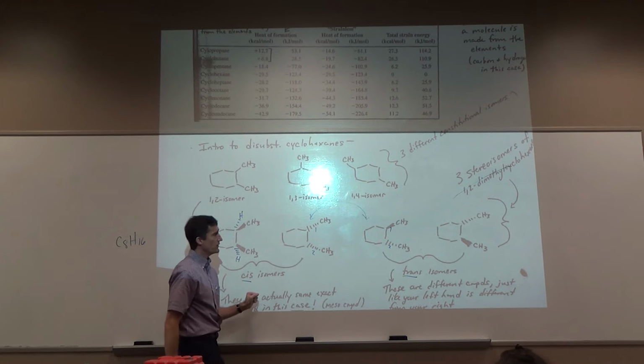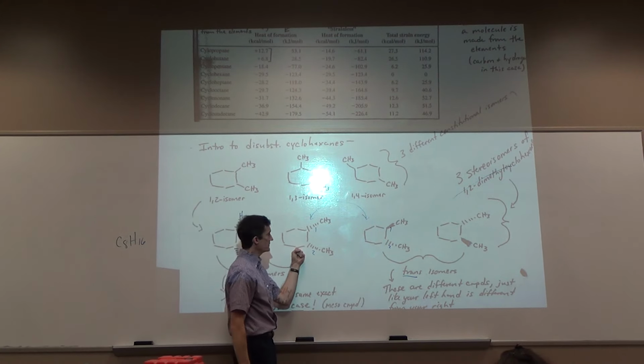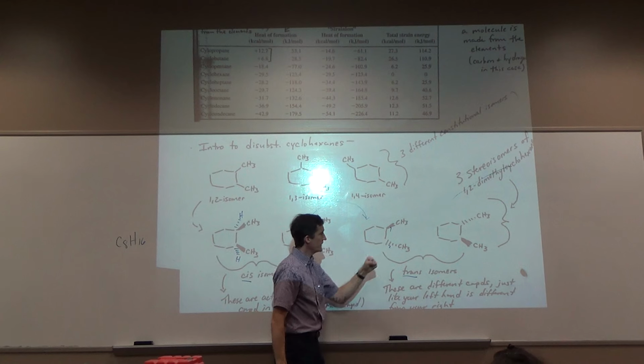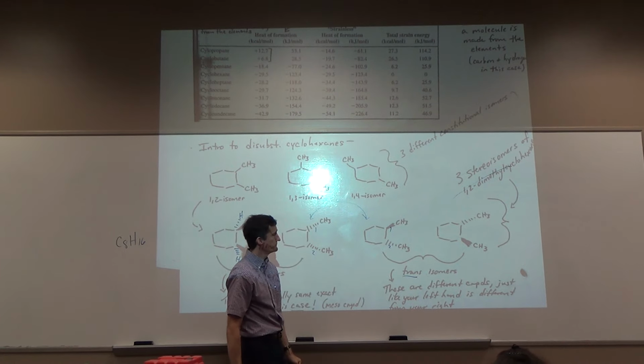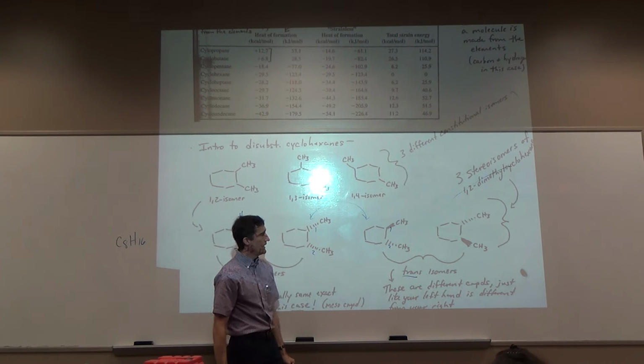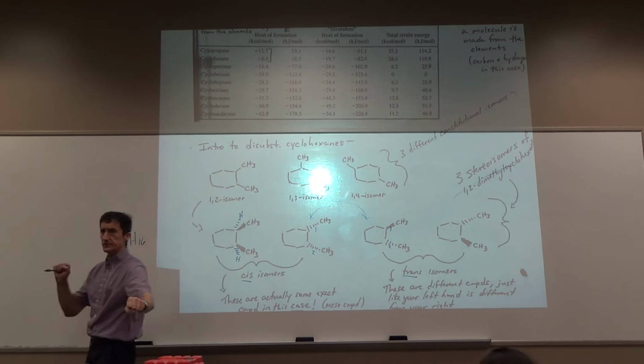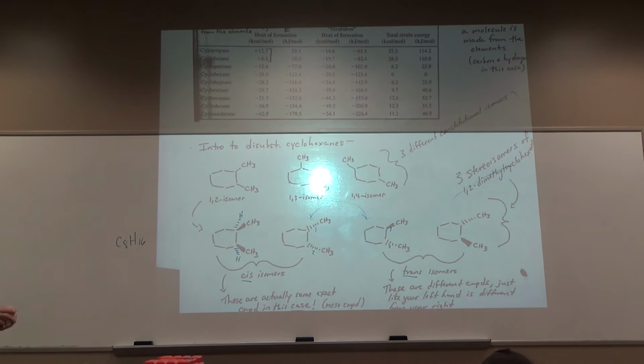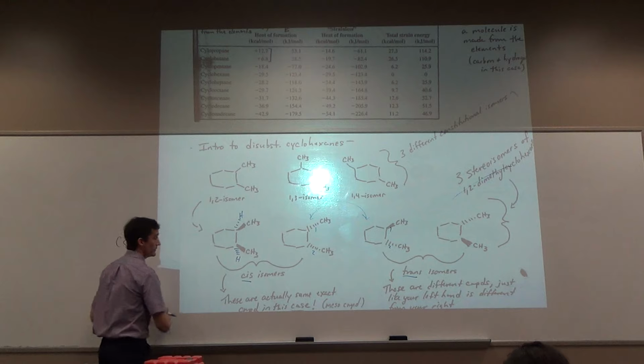They differ only in their orientation. This one would be called cis. That would be called trans. If compounds only differ in their projection or orientation, they're called what type of isomer? Stereoisomers. Stereoisomers have the same exact name. They only differ by some type of descriptor in front of it, like cis-trans, or erythro-threo, or something else down the line.